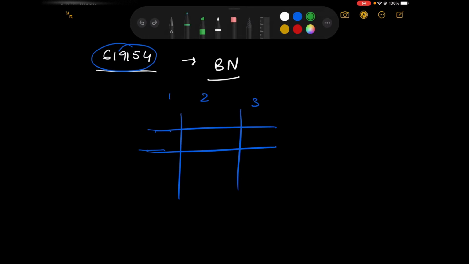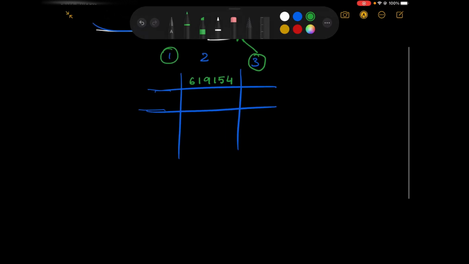So here we have 619154. In the third column we will get the binary number, and in the middle column we are going to divide and reduce our number. So 619154 divided by 2.